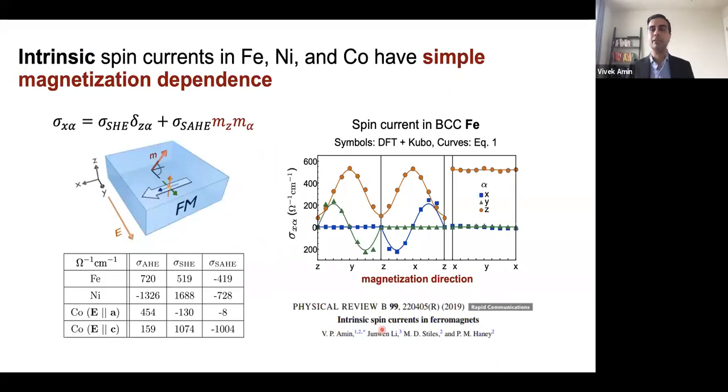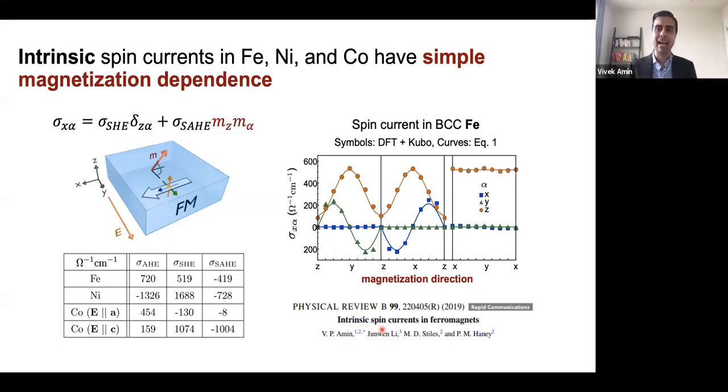Okay, so first let's look at results from computations of the intrinsic spin currents. These are intrinsic spin currents, which we looked at in the transition metal ferromagnets, so iron, nickel, and cobalt. And the main result is that when analyzing these intrinsic spin currents, we found that they had a fairly simple magnetization dependence. Now, one of the reasons this is nice in particular is, as I mentioned before, symmetry allows you to have spin currents in all different directions and a fairly complicated magnetization dependence.